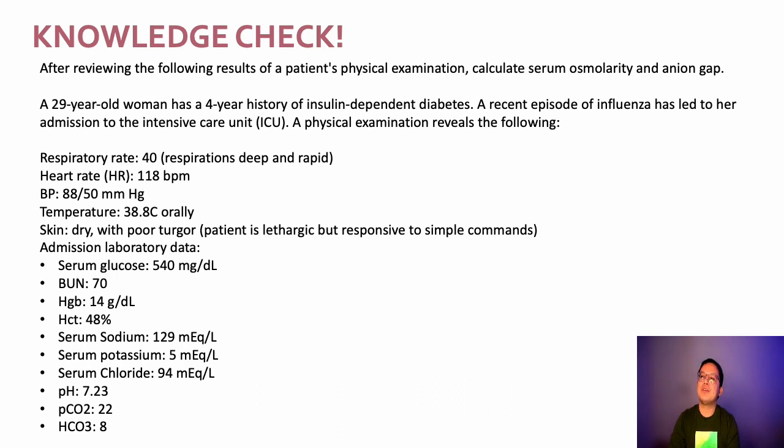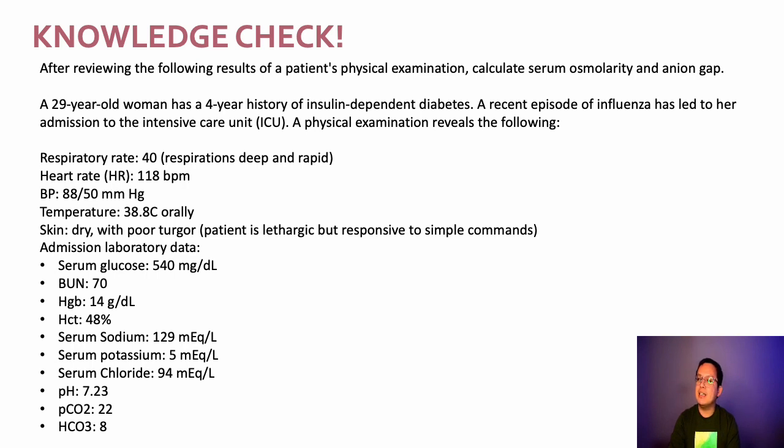Knowledge check. After reviewing the following results of a patient's physical examination, calculate serum osmolarity and anion gap. A 29-year-old woman has a 4-year history of insulin-dependent diabetes. A recent episode of influenza has led to her admission to the ICU. Physical examination: respiratory rate 40, respirations deep and rapid, heart rate 118 bpm, BP 88/50 mmHg, temperature 38.8 degrees Celsius orally.